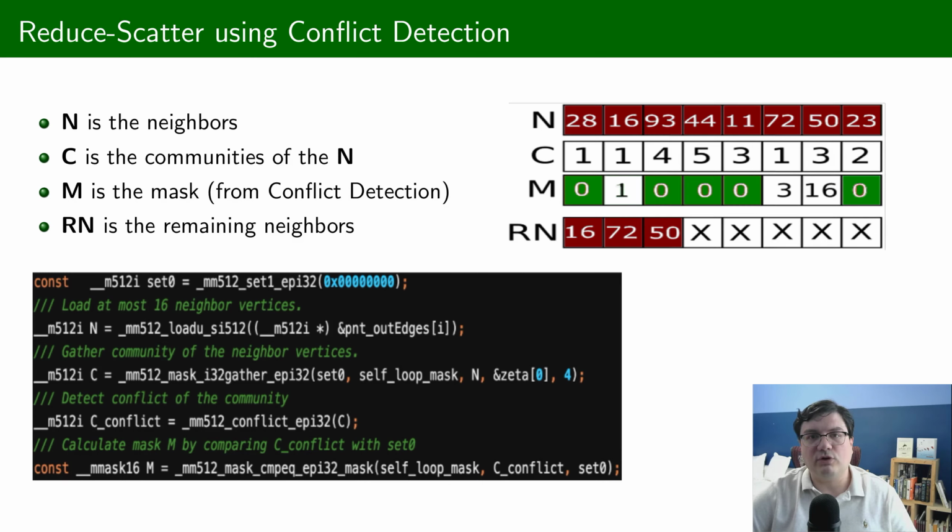For a set of neighbors, it loads the communities of these neighbors with the gather instruction. Then, it creates a mask by applying the AVX 512CD instruction, identifying conflicts on the community vector. The precise behavior of the instruction is complex, but the first occurrence of distinct values are set to 0.